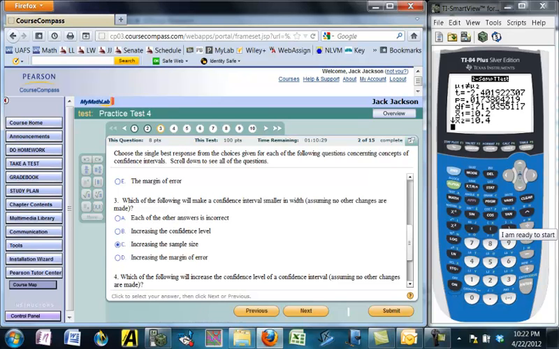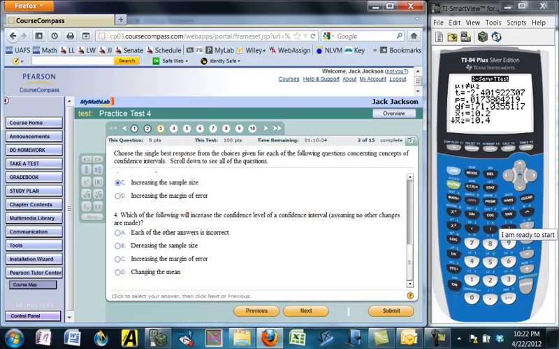Margin of error is twice the width, so increasing the margin of error increases the width. With sample size and width, we're assuming the confidence level is fixed, so increasing the sample size makes the width smaller. And when we're talking about confidence level, we're assuming the sample size is fixed. Increasing the confidence level will make the interval wider.